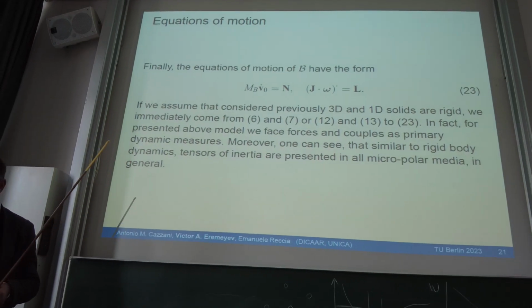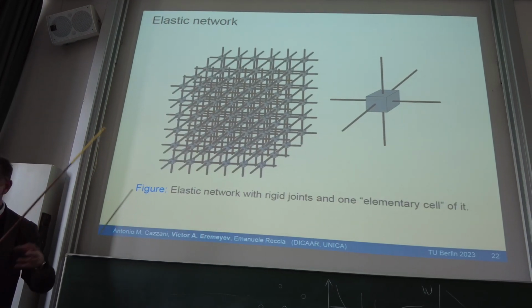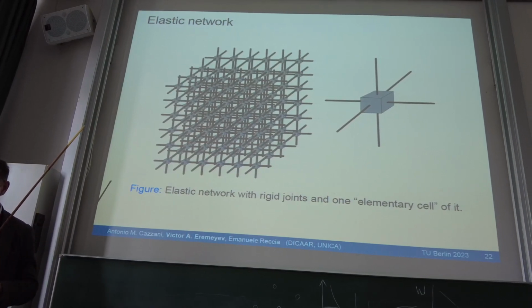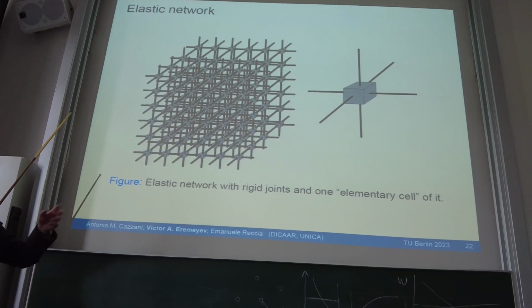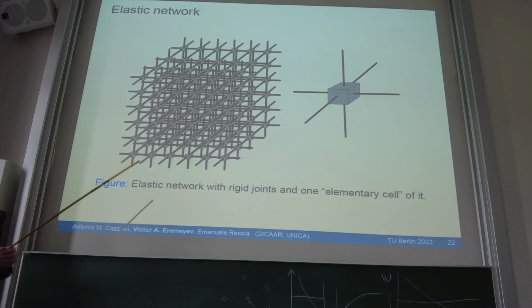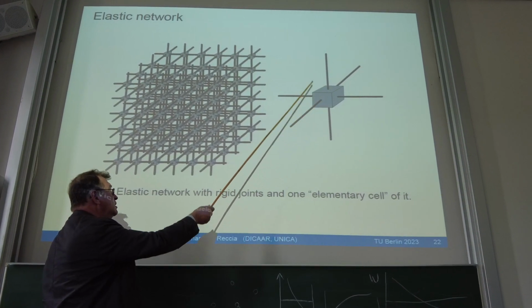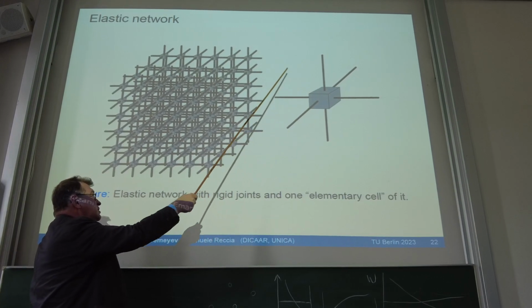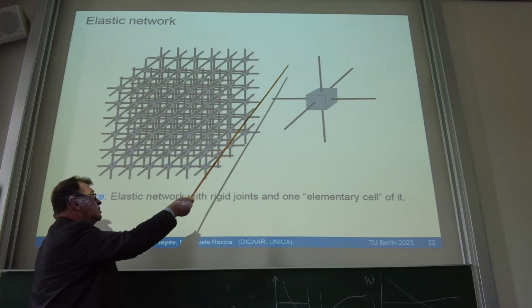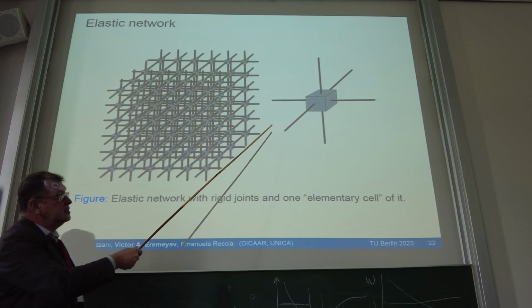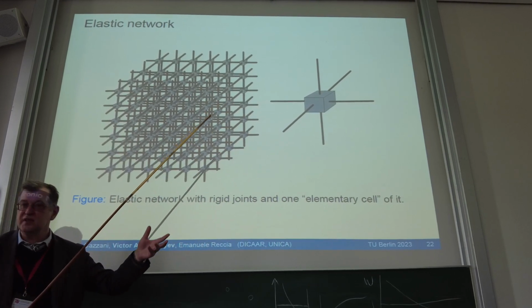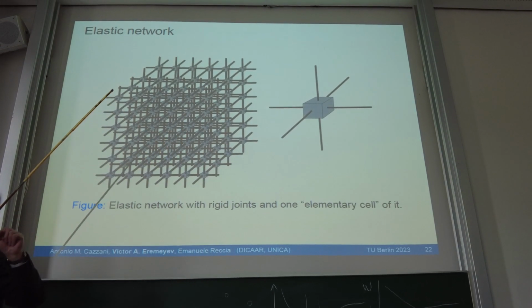Okay, we have everything. Now let us see what we have in an elastic network. For an elastic network we have, for example, such a kind of network. We have a rigid joint, we have something attached here. If you want, I can say that this is a kind of representative volume element.